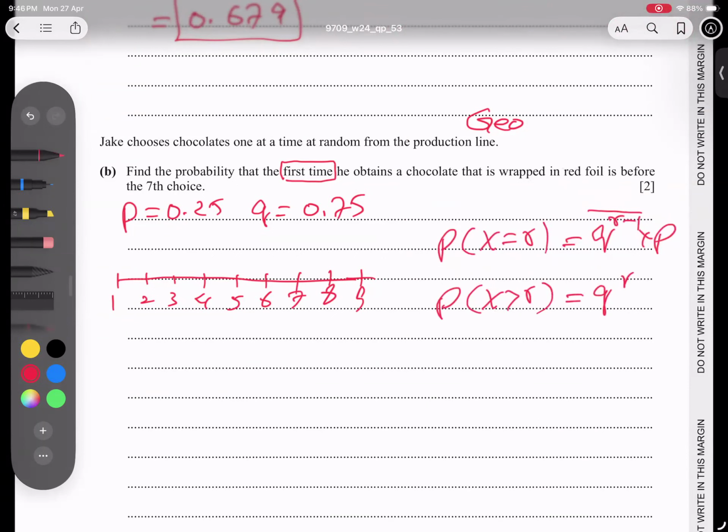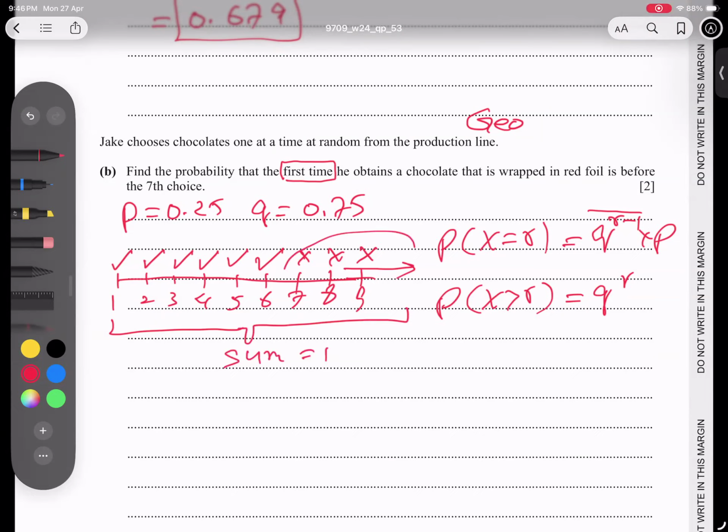Now he's saying before the seventh choice. It can be here, here, here, here, here. Before the seventh choice means we don't want these. So this is the plan. The sum of all is equal to 1, and what I don't want is 7 till infinity.